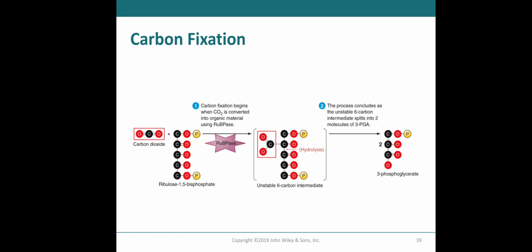This is your 5-carbon sugar, or rather, not exactly a sugar. You have a 5-carbon molecule that will be joined with the carbon dioxide, so it will become 6-carbon. And this is a very unstable one. It will be split evenly into your intermediate. You have now two molecules of the 3-carbon 3-phosphoglycerate, and this will be used to build up your sugar.